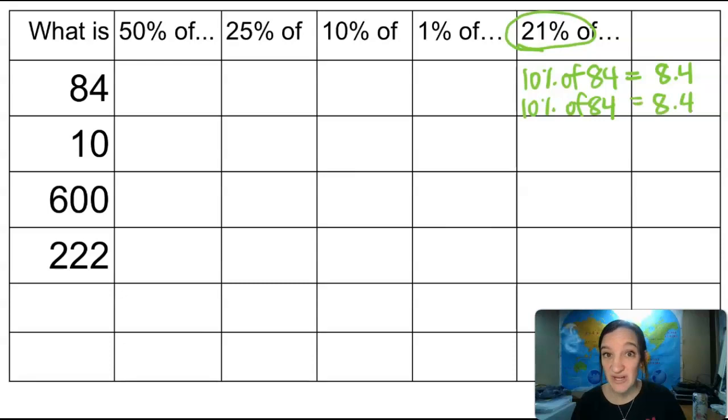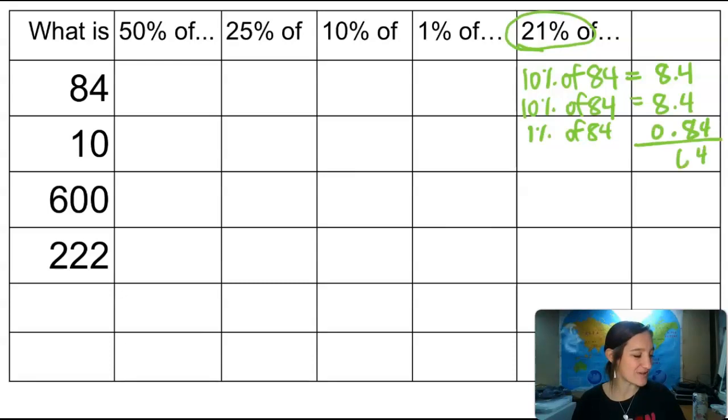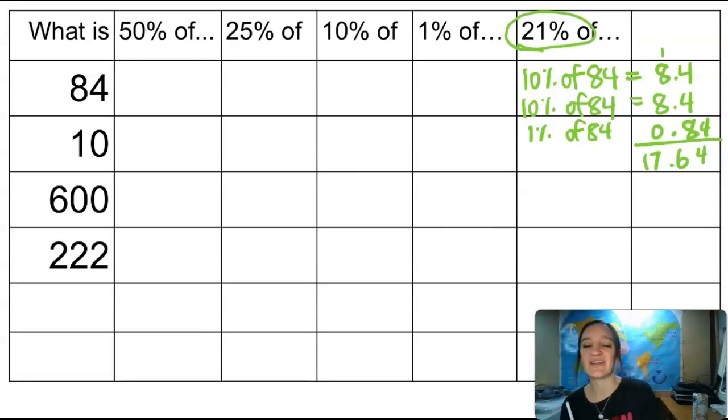That'd give you 20%, correct? And then could I get another 1% of 84 by scooping it twice and going 0.84? Yeah, you totally could. Your answer would be 17 and 64 hundredths. So 17 and 64 hundredths is 21% of 84.